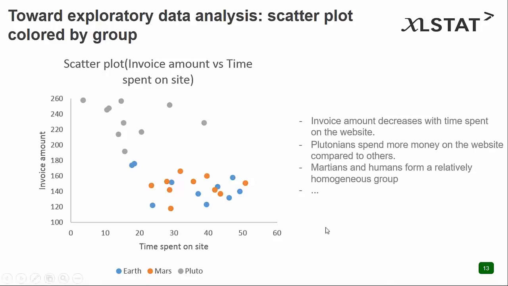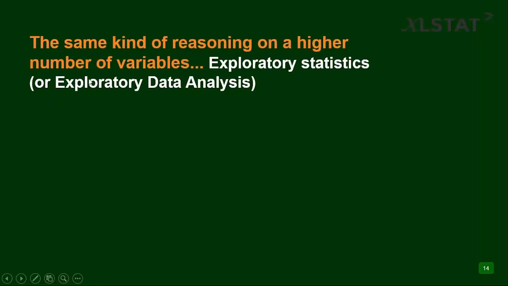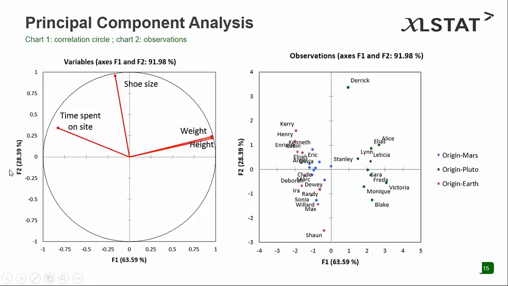So we had exactly the same kind of reasoning, but on a higher number of variables using exploratory data analysis. That was the topic of the second webinar, in which we talked a lot about this specific tool, which is a dimension reduction technique called PCA, or Principal Component Analysis. PCA also allowed us to generate this kind of statements or hypotheses.